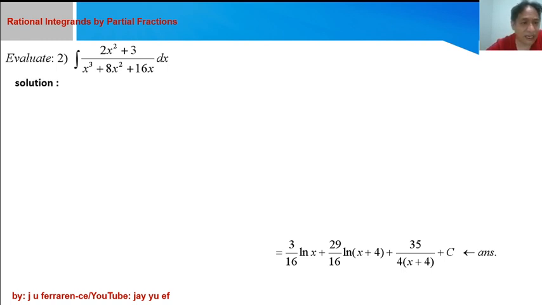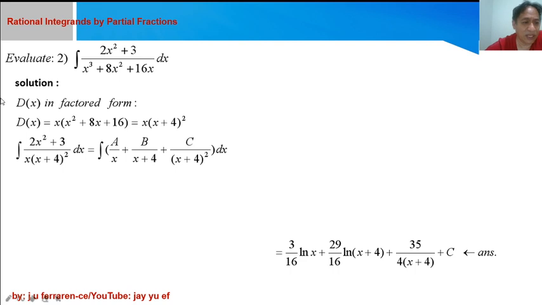Okay, first, I can put my denominator in completely factored form, maybe by removing a common factor x. And we have x squared plus 8x plus 16. This is a perfect square trinomial, and that's equal to x with x plus 4 raised to 2 as the other factor. So, this is linear, non-repeated, while this one is linear.